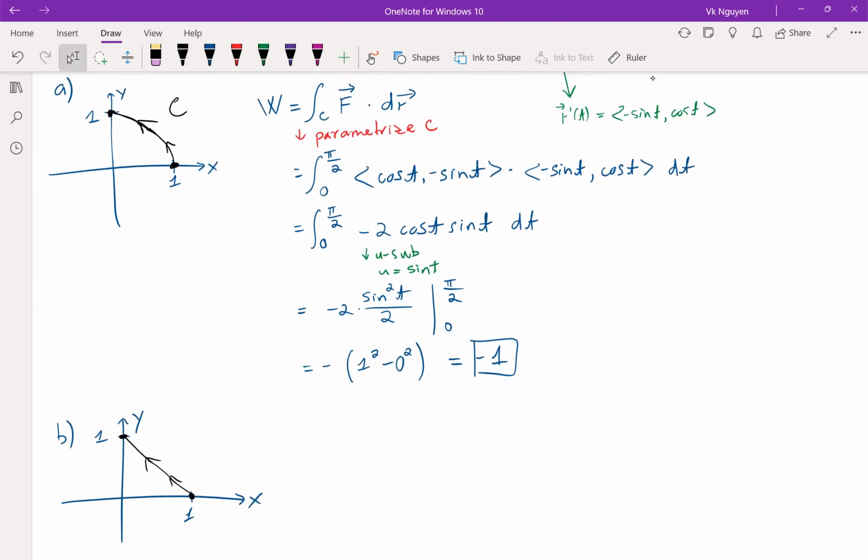There's the curve C. Okay, let's take a look at it. Work is F dot dr, and then do the same thing too.